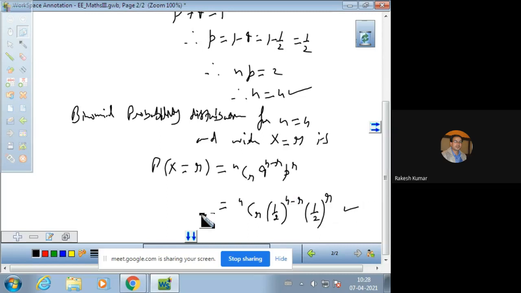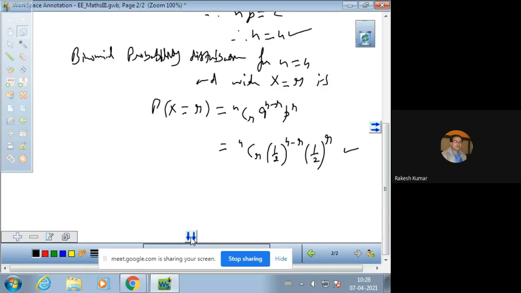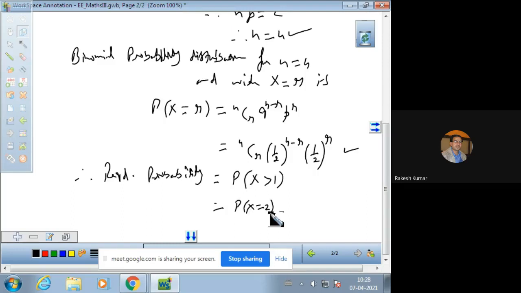Now they have said that find the probability that x takes a value greater than 1. This is what we need to find out, and therefore the required probability is equal to probability of x greater than 1, means to say that when x takes the value greater than 1, and that can be the cases when x is equal to 2, and when x is equal to 3, and when x is equal to 4.